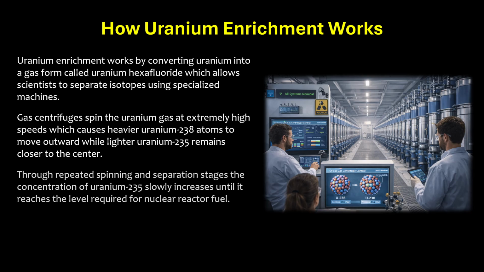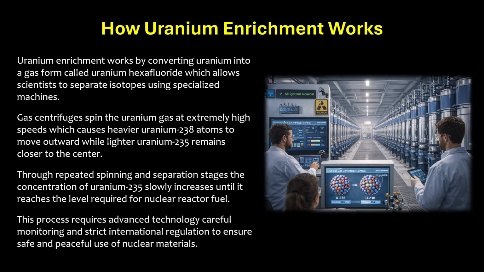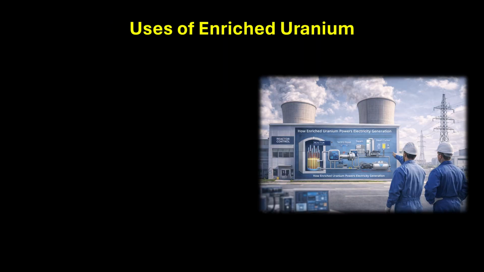Through repeated spinning and separation stages, the concentration of uranium-235 slowly increases until it reaches the level required for nuclear reactor fuel. This process requires advanced technology, careful monitoring, and strict international regulation to ensure safe and peaceful use of nuclear materials.